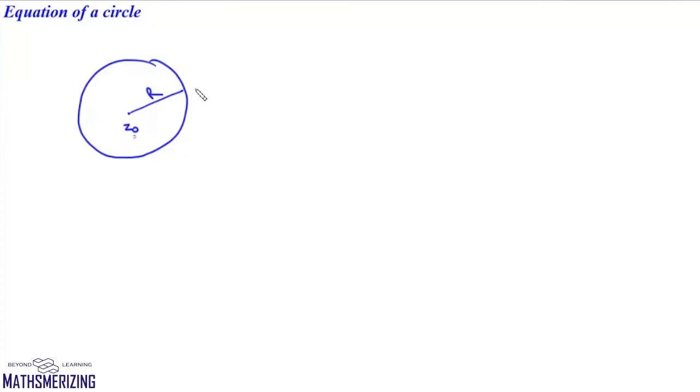Then we know that any point on this circle which is z will be at a distance r from z0. Now distance is given by mod, so it will be mod of z minus z0, and it must be equal to r. And this is your equation of circle. So equation of any circle whose center is z0 and whose radius is r will be given by this mod of z minus z0 equals r.